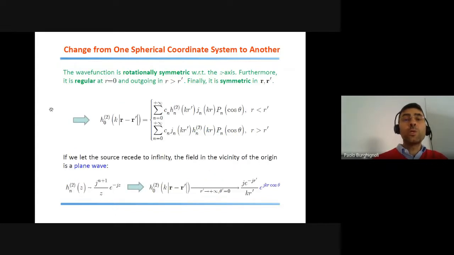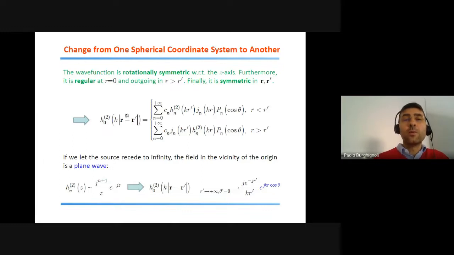Now, to do so, we observe that this wave function is rotationally symmetric with respect to the z-axis, so there is no dependence again on the phi coordinate, and it is regular at the origin, whereas it is outgoing when the radial coordinate is larger than r', which is the location of the source. And finally, this should be symmetric in the exchange between r and r' by reciprocity.